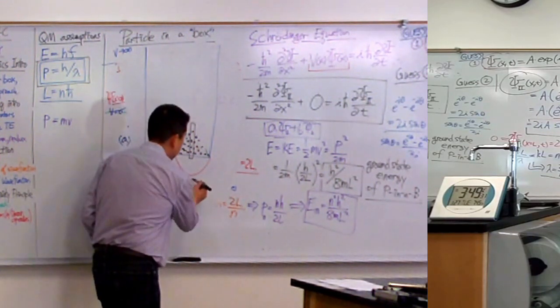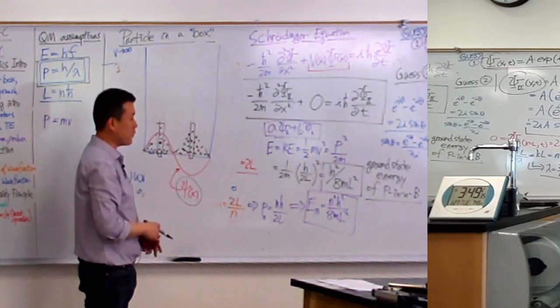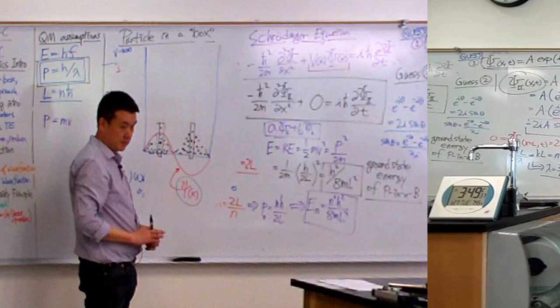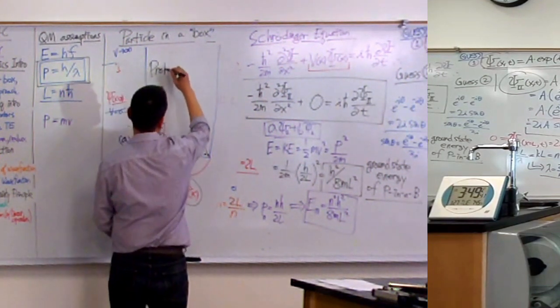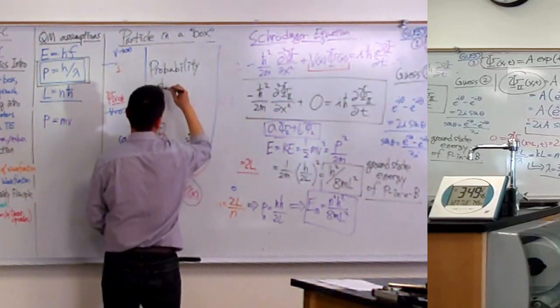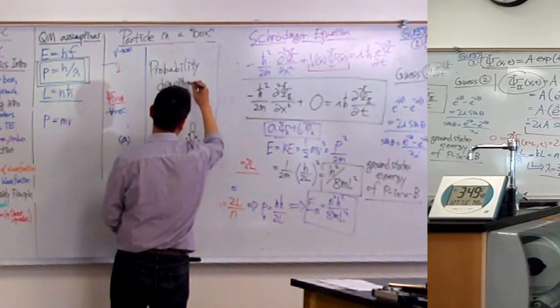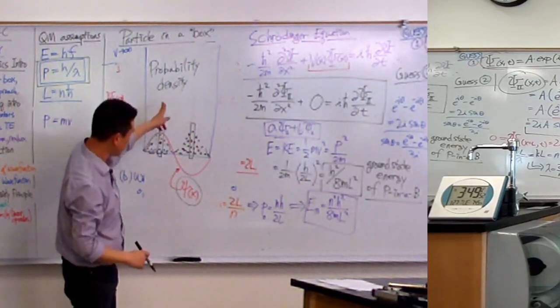So this is one thing I can tell you. If you have this wave function, then this is what we call the probability density of the particle. We'll discuss a little more later what we mean by probability density, but that's what's represented by the histogram here.